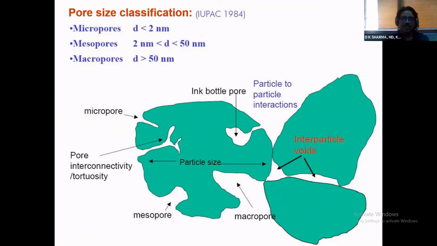When you are making those particles, they come as non-porous materials. Let's say you are using a precipitation technique to make some material. The initial size of the precipitate is non-porous.